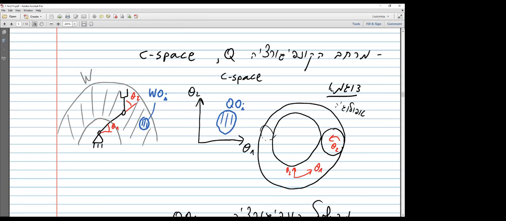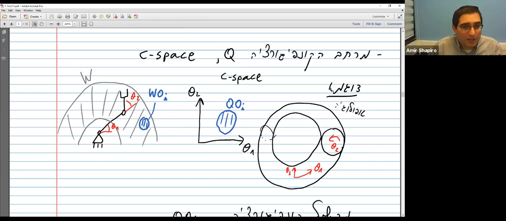Amir, so the configuration space does not include the obstacles, only a representation of the workspace? No, the configuration space has the obstacle. So I map all the points, all the configurations, the collections of theta1 and theta2, in which the robotic arm hits the obstacle.